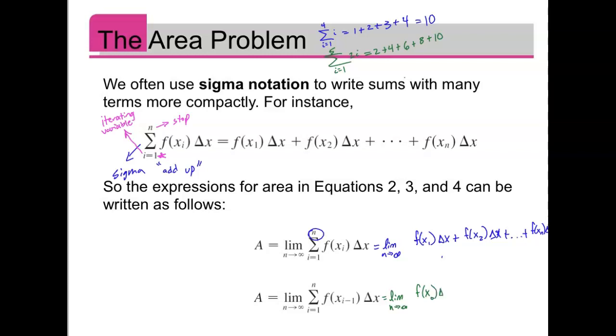So f of x0 delta x, and it's going to end at f of x_(n minus 1) delta x. So basically, this is the left endpoints, and this is the right endpoints. Because the first one goes from x1 to xn, and the bottom one goes from x0 to x_(n minus 1).